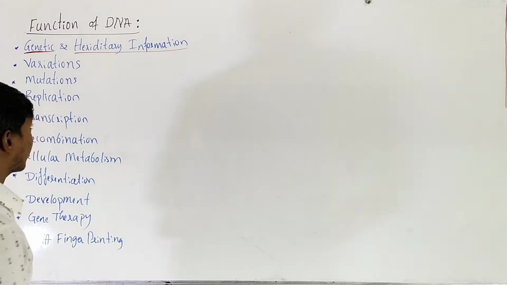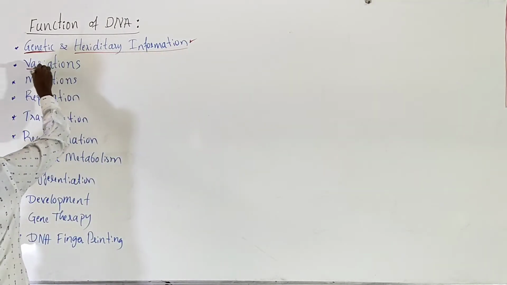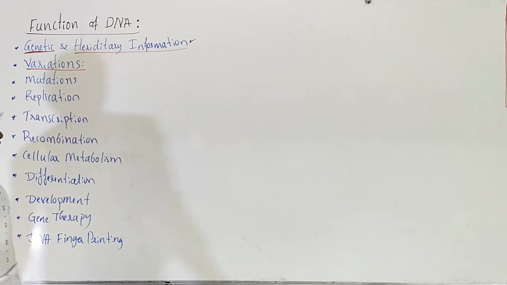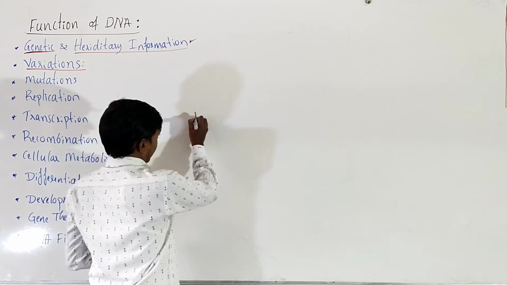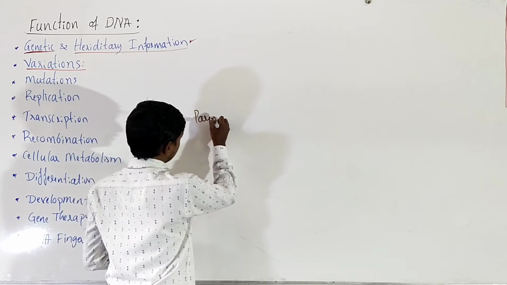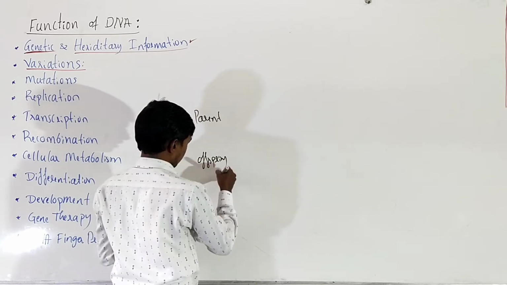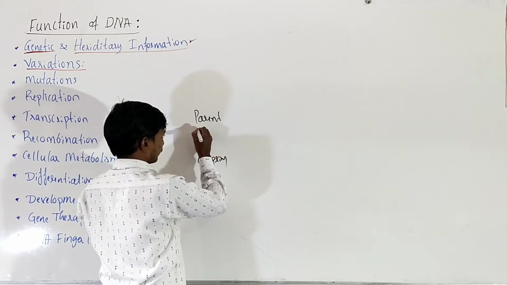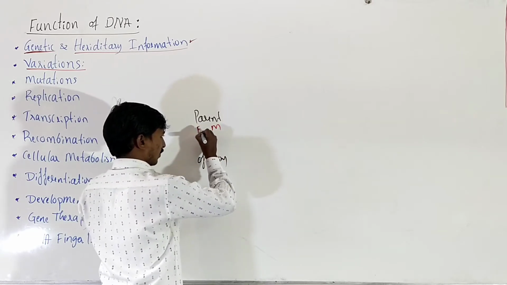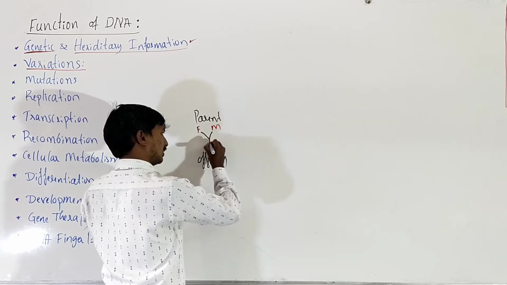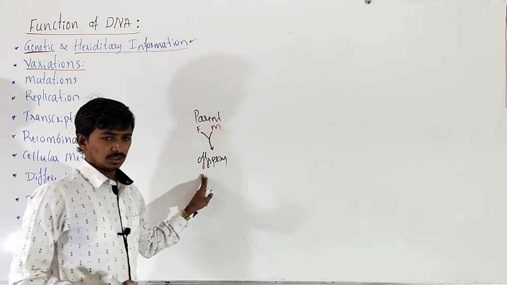Second one, variations. Here, variation means differences between parent and offspring. Parents means father and mother. Chromosomes from father and mother join together to form an offspring, a son or a daughter.